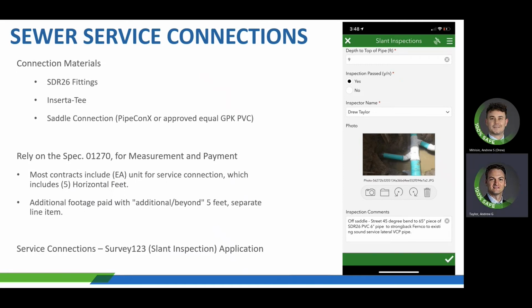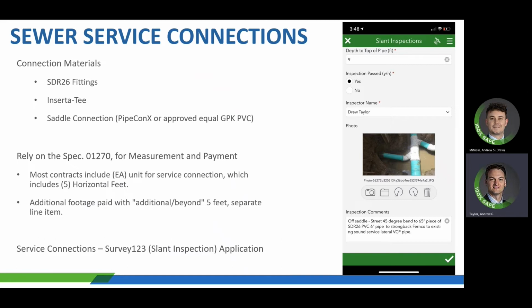I think this has been something that in the past few years, not real recently, when these saddles were particularly new to contractors, was a bit of an issue, where we've seen some contractors try to leave the back side of the VCP hub pipe in place. So just be on the lookout for that.